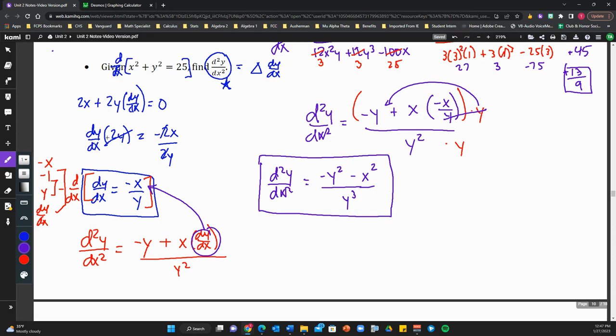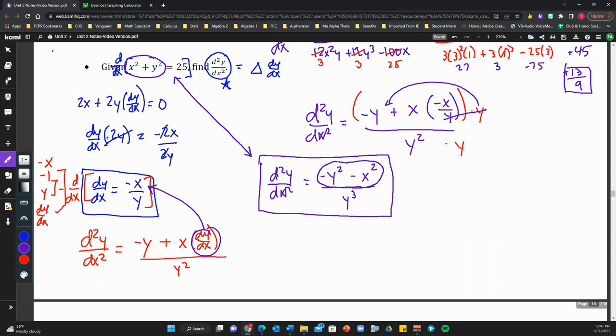However, there are certain implicit form equations that you can start with where, because of the form I'm starting with, their derivatives have a particular form, and there's a tiny little extra piece of simplification that we can do. It's all tied between these two guys, the original and the second derivative. If you look carefully, the original equation says x squared plus y squared equals 25. Well, this is very similar to what is left in this numerator. But what is different is both terms are now negative.